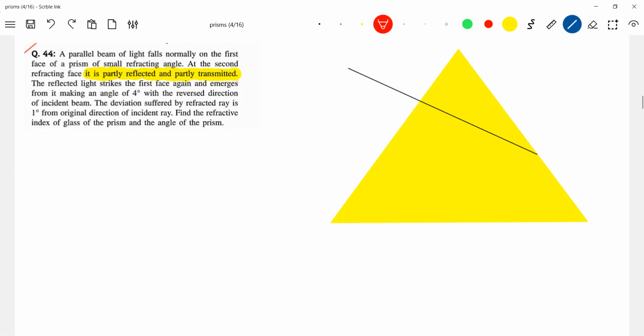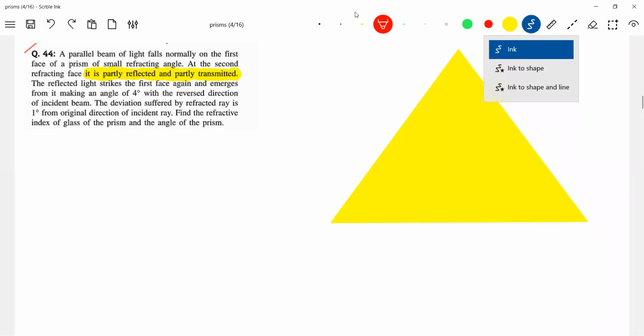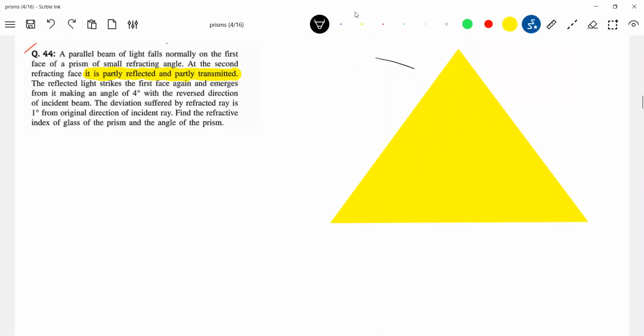So here there's a normal. I'll draw a better diagram.